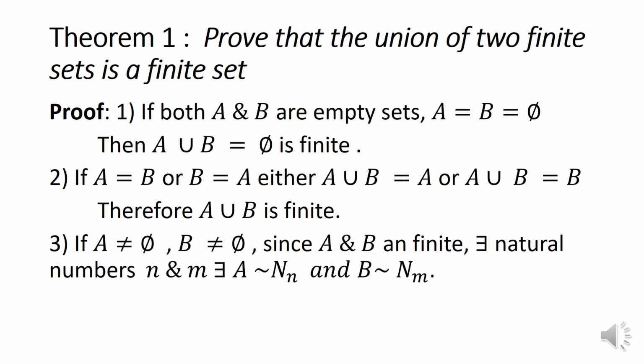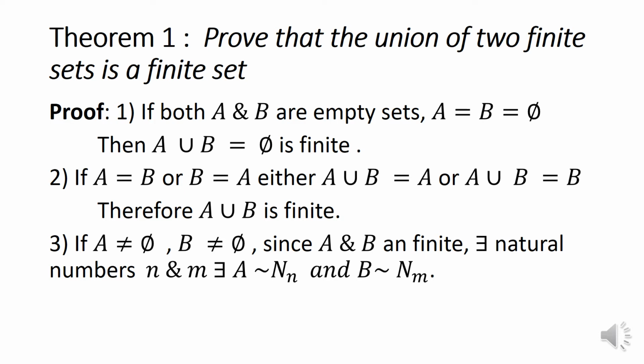And in the third case, A is a non-empty set and B is a non-empty set. In the first case we considered A and B as empty sets, and in the second case we considered A equal to B or B equal to A. In the third case we shall consider A and B both as non-empty sets, and given A and B are finite sets, we need to prove that A union B is also finite.